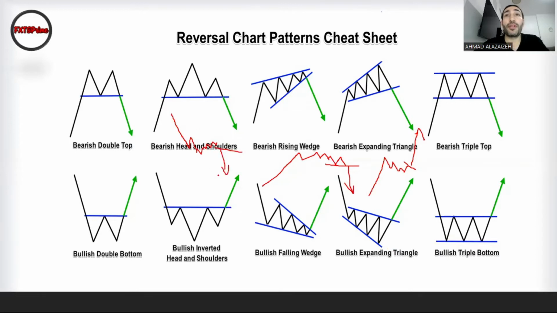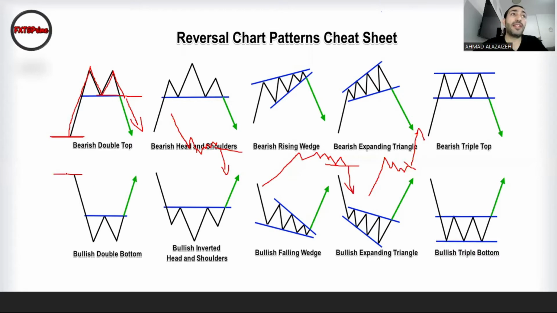Here, the story is different, because you are coming from the bottom, going up, making the pattern, then you are breaking, then you are reversing the trend. That's why we call it a reversal pattern.